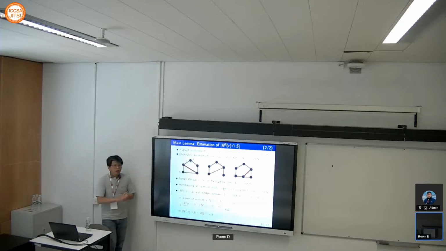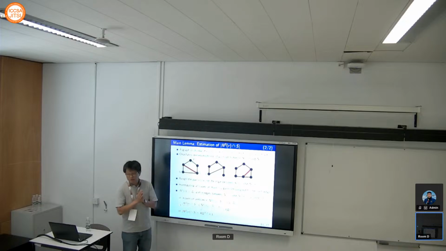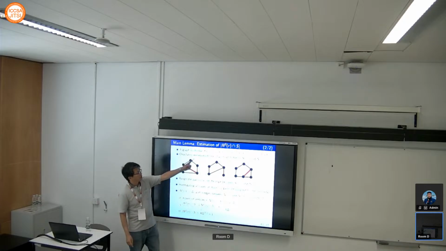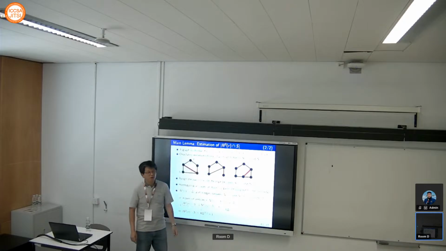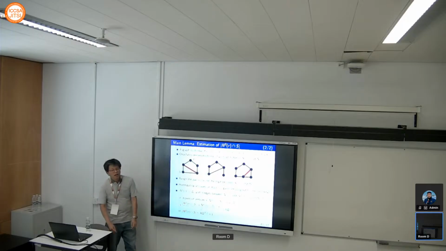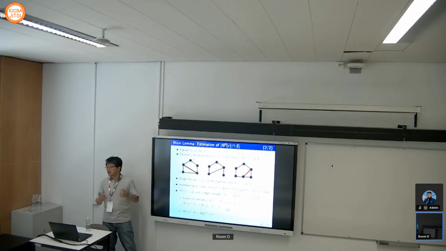The point here is that now we are thinking of chordal graphs. So what is chordal? A graph is chordal if every cycle of length at least 4 has a chord. Looking at the left figure, this is a cycle of length 5, so we need a chord.